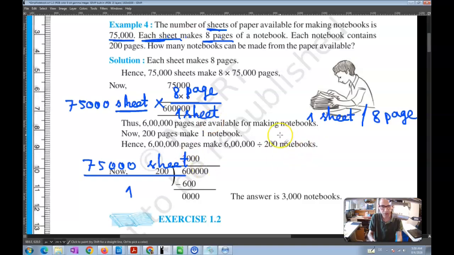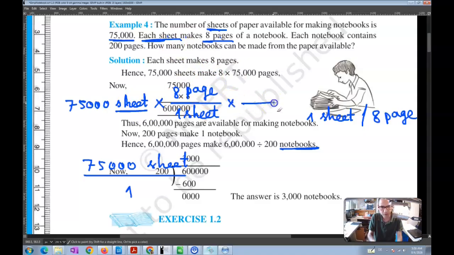So still I need to add a couple of things, because the notebook hasn't appeared here yet, right? Now each notebook contains 200 pages. I have already gotten rid of the sheet because they cancel out, but still I want to get rid of the page.